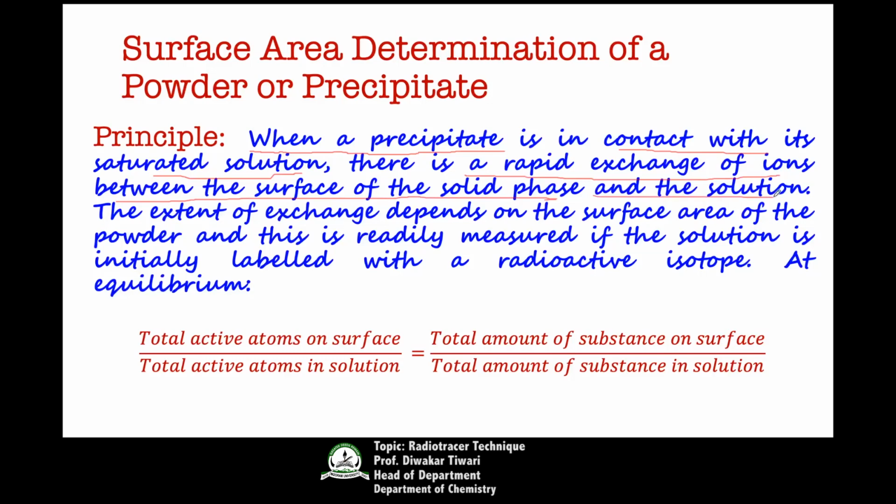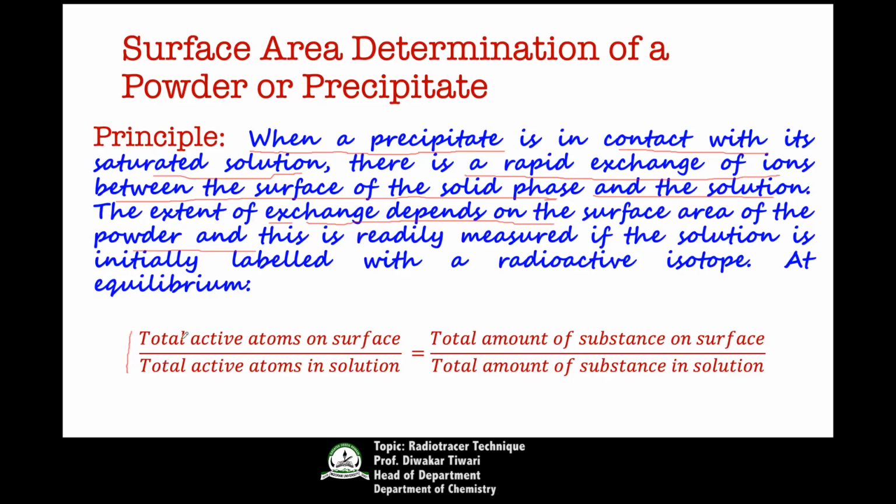This exchange of ions depends on the surface area of the powder or precipitate. We take advantage of this to obtain the surface area of any precipitate or powder.